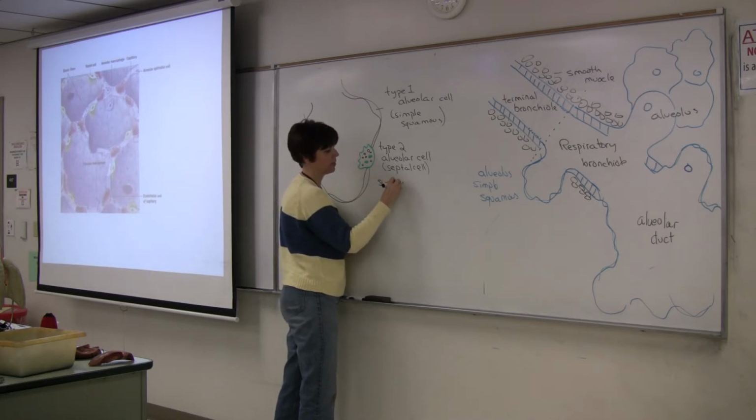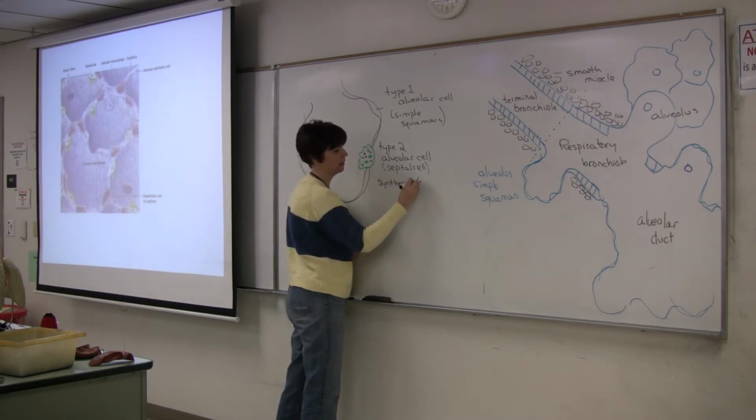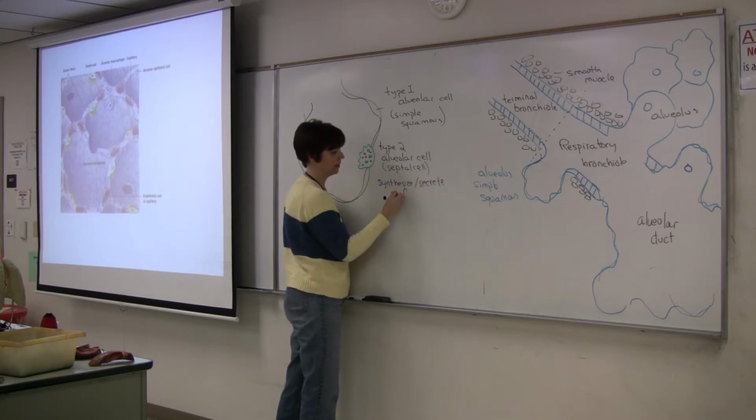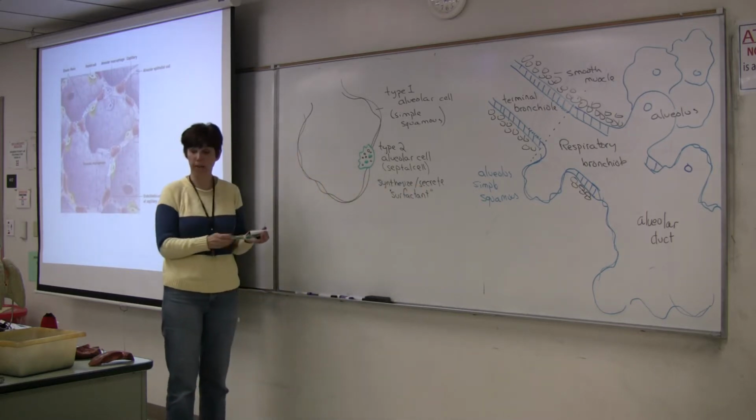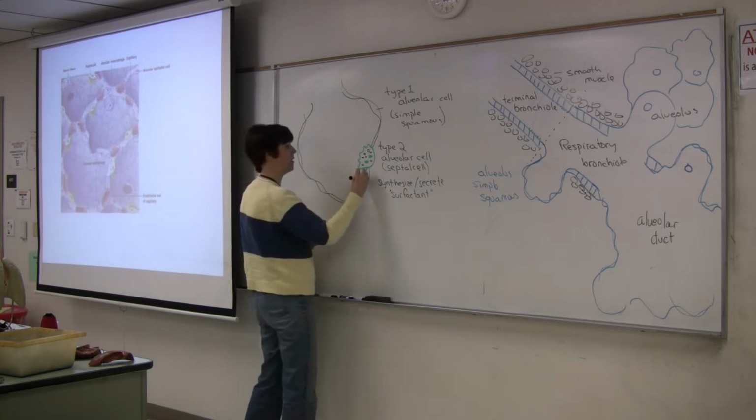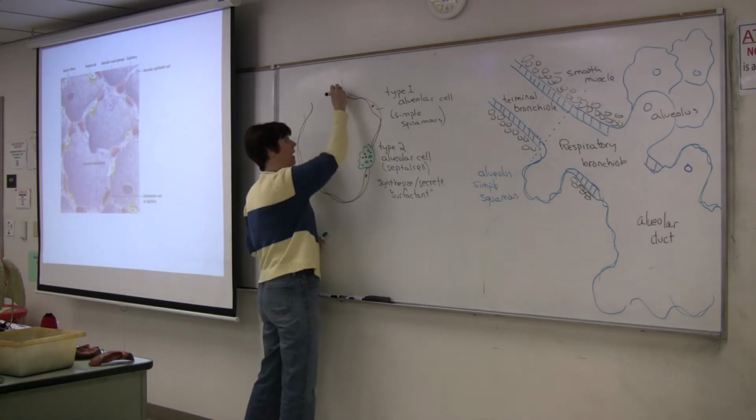So these type 2 cells synthesize and secrete surfactant. This creates an oily film on the surface of this alveoli.